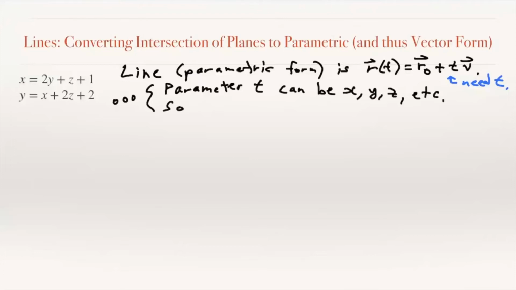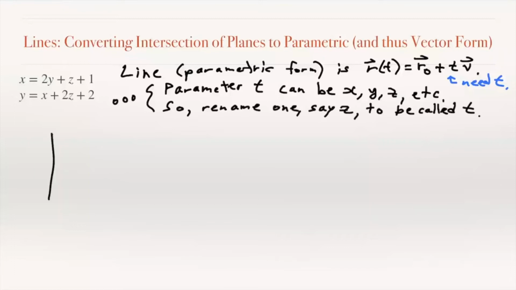So that means that we can just rename one of them, say z, to now be called t. And a way to visualize this is that, let me draw a little 3D space here.